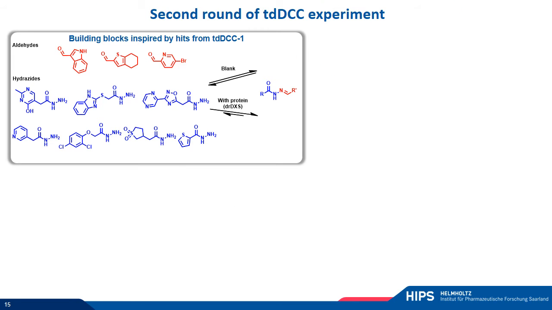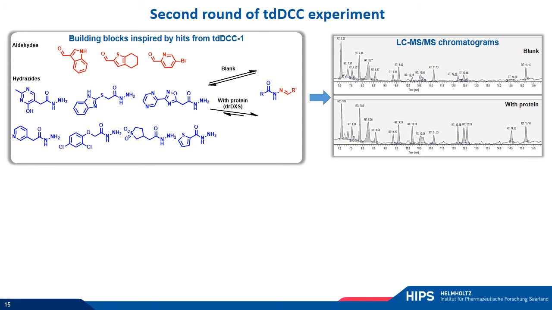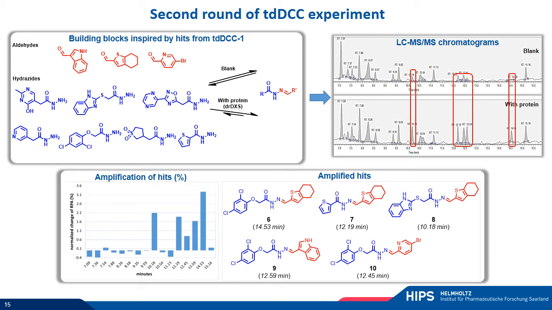So when we analyzed the second round of DCC experiment and compared the blank reaction with the protein-templated one, we found the amplification of 5 new hits. These hits were amplified to different extents, but comparatively to the hits from round 1, the amplification was way higher.